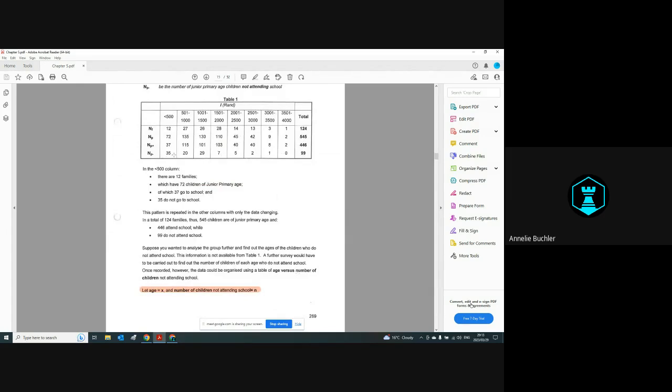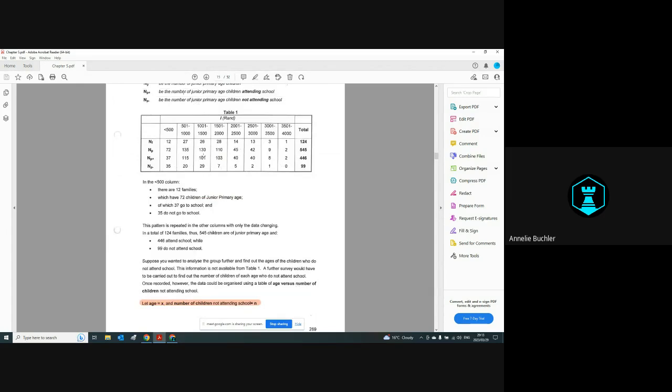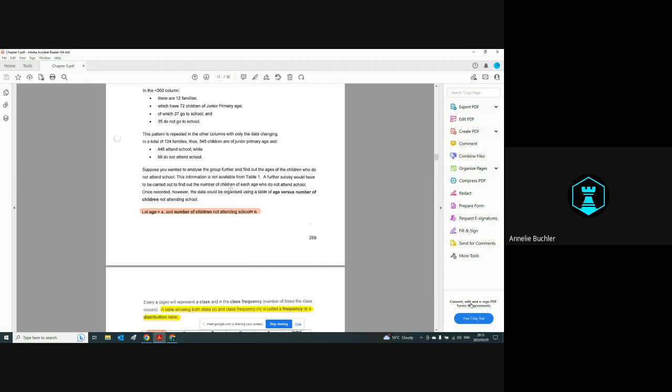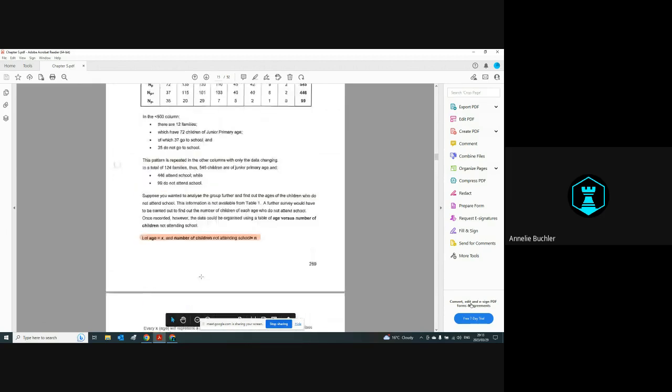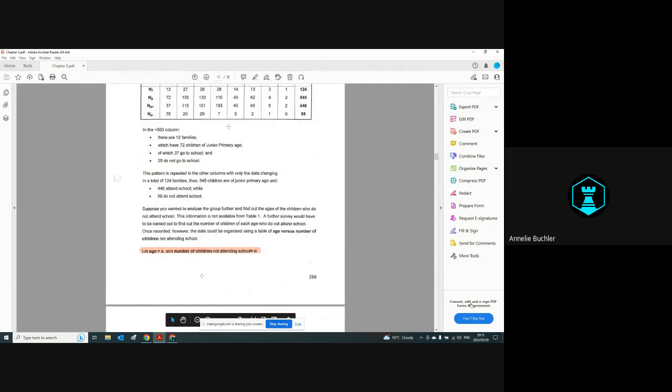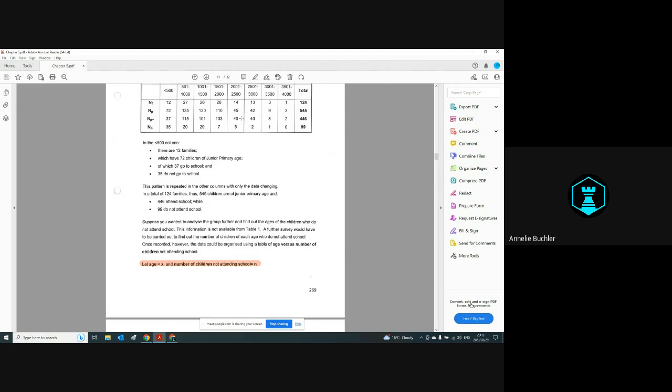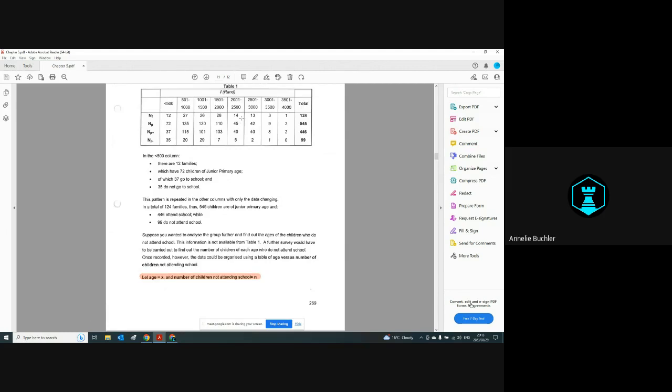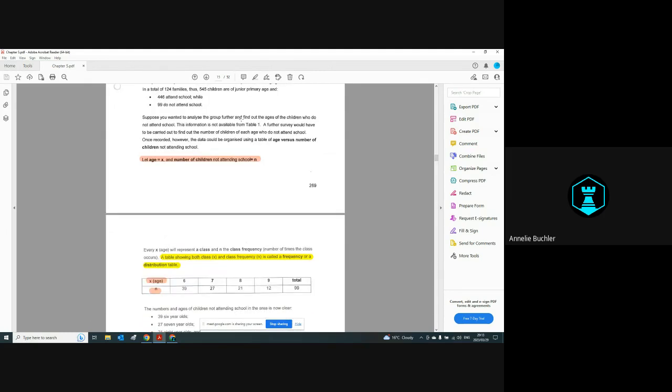Here you can see NP was the number of junior primary age children not attending school. So there you can see 35, 20. I just want to see where we got that from. They didn't work it out like that.